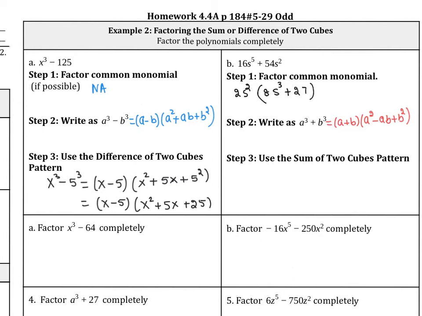Now we are going to write this 8s cubed plus 27 as a cubed plus b cubed. So we keep the 2s squared as it is, and we are going to write 8s cubed as 2s cubed plus 27 as 3 cubed. Now we are going to apply the sum of cubes formula onto this section right here.